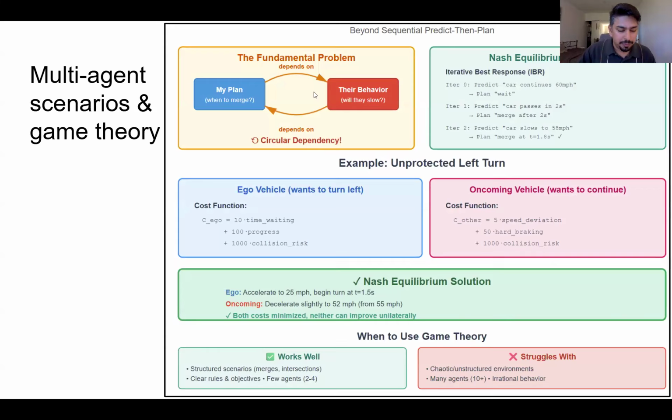You might want to merge, but the other person also wants to maybe merge into the same lane or wants to speed up ahead of you. So we are trying to solve a problem where your actions will lead to a different action from the other agent. This creates a circular dependency, and trying to solve this in a real time system is really hard.